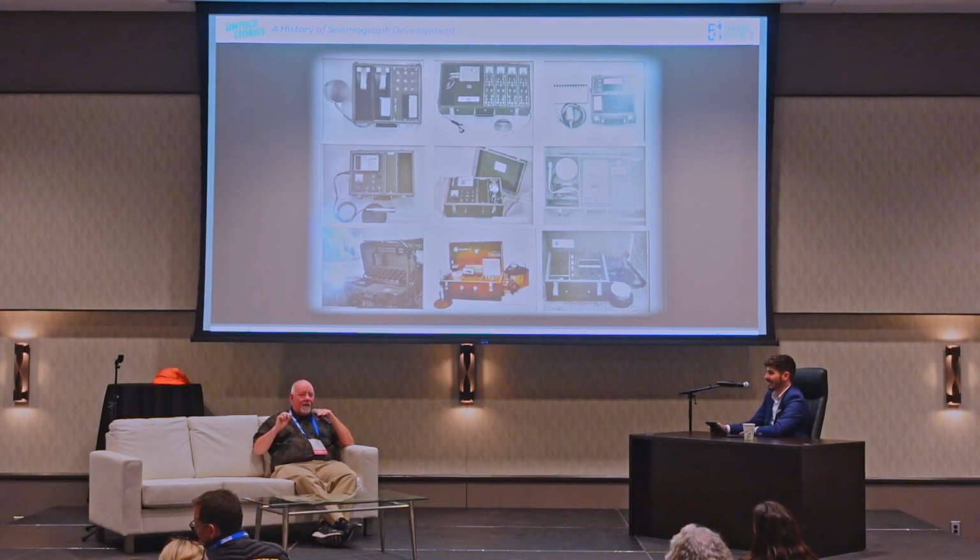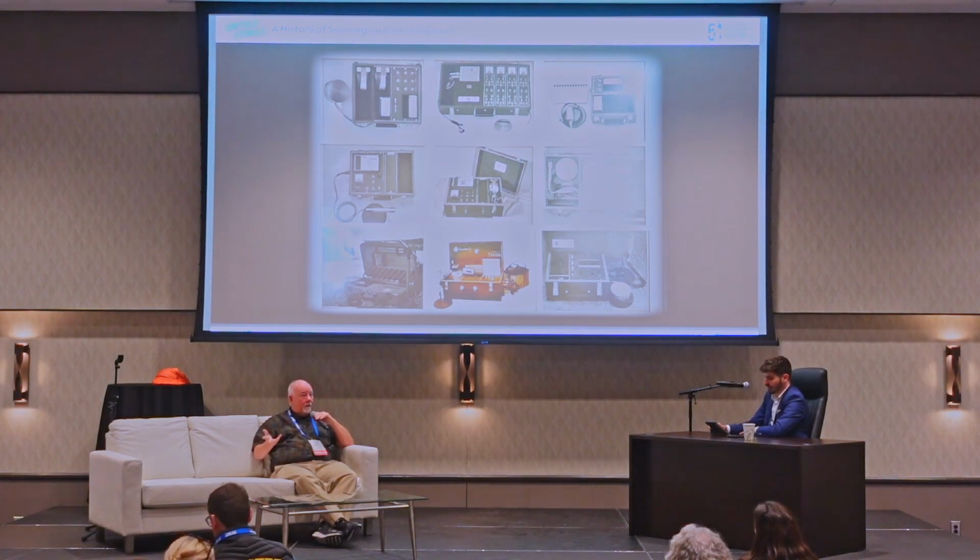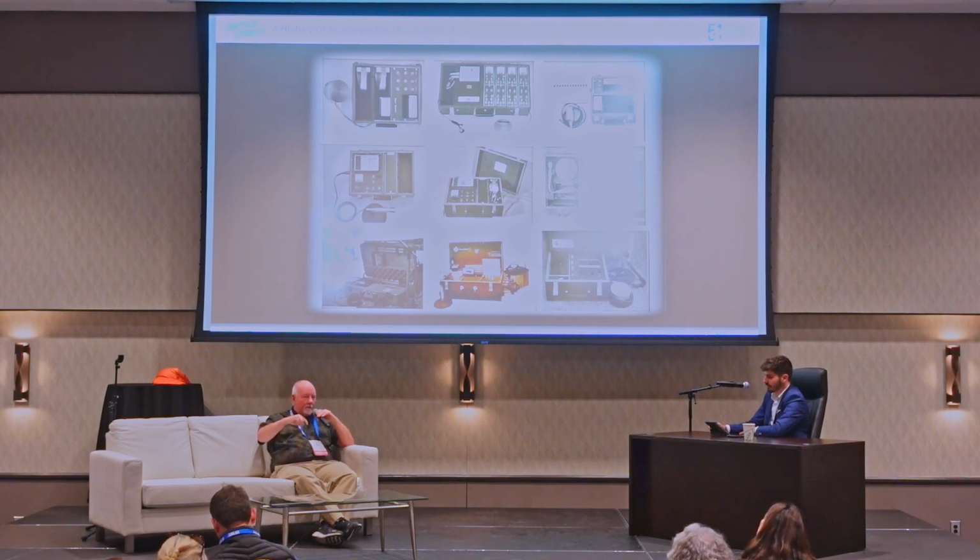Also, one of the biggest innovations by Dallas Instruments during this time period was the self-triggering seismograph. You had these switches that you could set trigger levels, and I think it was like 0.02, 0.05, 0.1, 0.25.